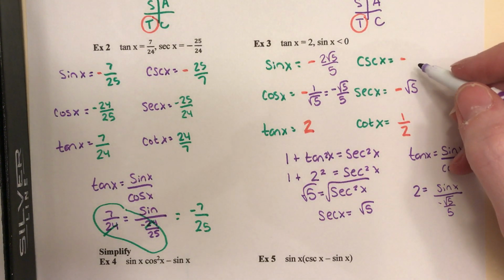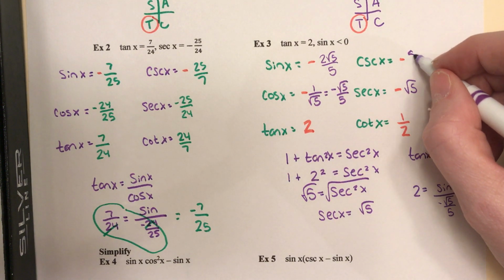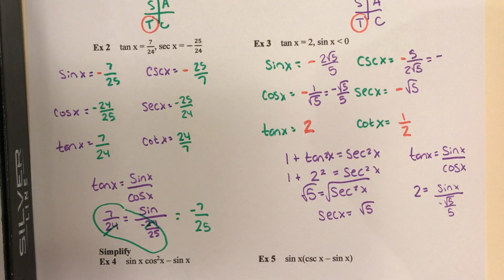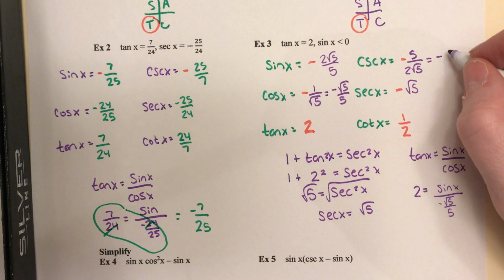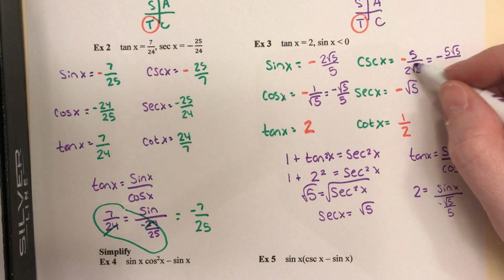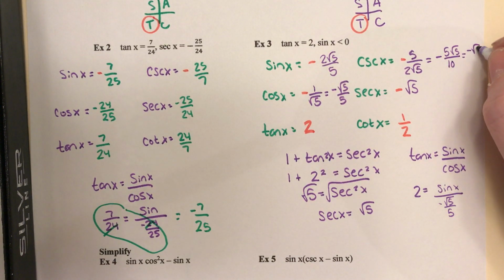And if I get the reciprocal for cosecant, I get negative 5 over 2 root 5. So that simplifies, if I multiply by root 5, that would be negative 5 root 5 over 5 times 2, so that would be 10. So negative root 5 over 2.